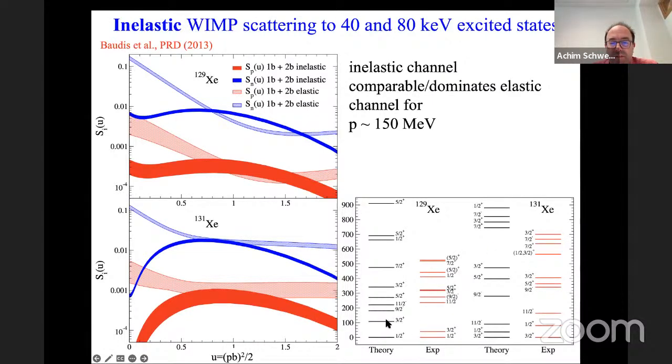What's important is that the spin 1/2 or 3/2 tells us how the spin flipped in the nucleus, which is of course important for spin-dependent inelastic scattering, because there you do a spin coupling and you can have these excitations. What you can see here is that for the odd mass cases, the inelastic dominates or is comparable to elastic at momentum transfers which are large and on the upper side of the experimental sensitivity window.